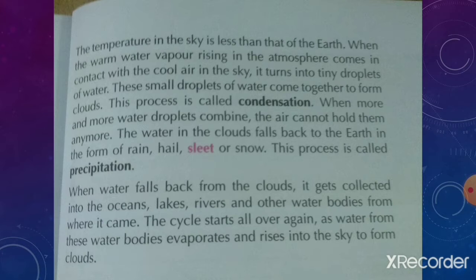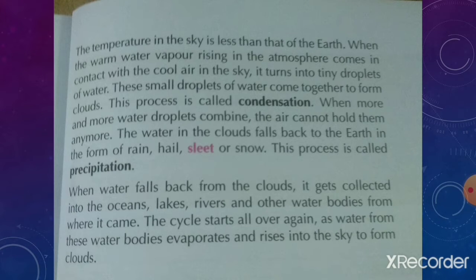Water comes back to the land and this process is called precipitation, right? So there are main 3 stages in the water cycle, evaporation, condensation and precipitation.